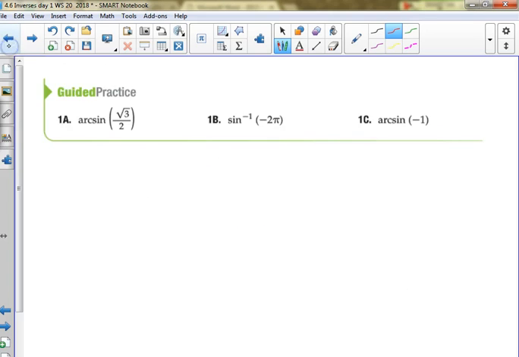Okay? All right, now what am I talking about that you're even going to use it for? Well, let's practice a little bit. It's going to ask questions like this. It's going to say the arcsine of square root of 3 over 2. Arcsine is looking for an angle. So where is the angle? Okay, but it has to be between negative pi over 2 and pi over 2, which means it's got to be in radians. Okay, where am I looking for this number to be?